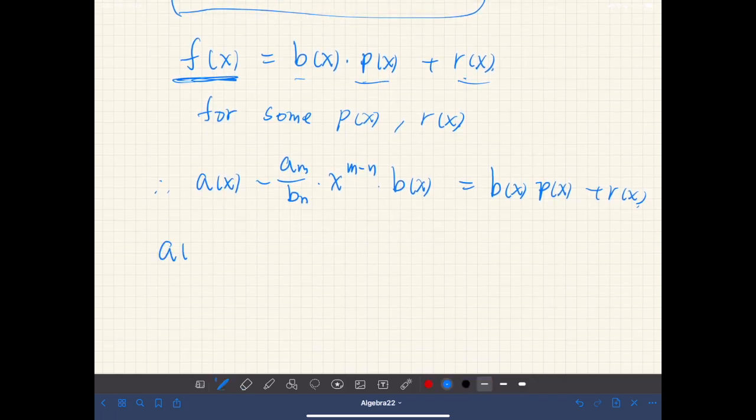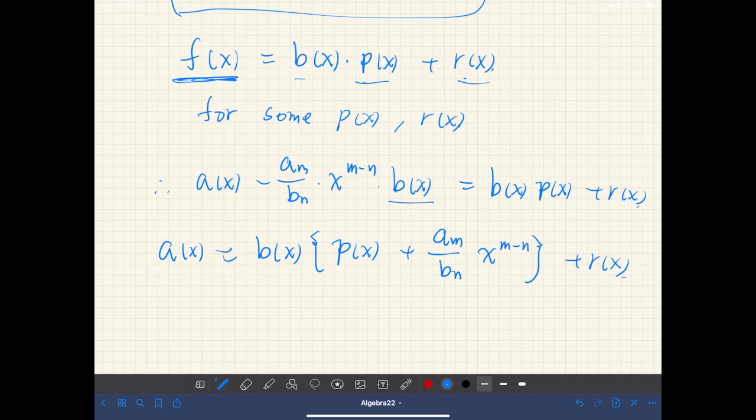Then we have a of x equals b of x times this expression, plus r of x.